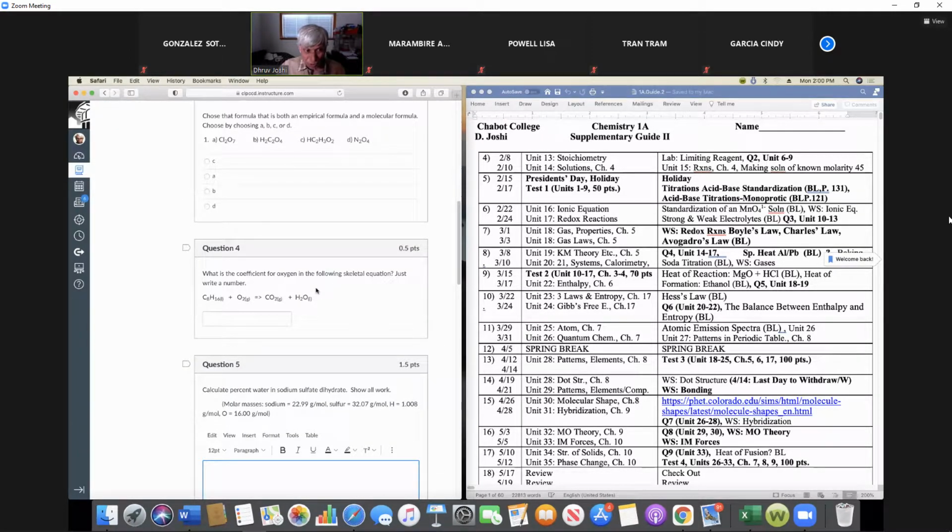Number 4, what is the coefficient for oxygen in the following skeletal equation? Balancing equations. 8 carbon here, so 8 over here. 16 hydrogen here, so 8 H2O over here. That's very simple.